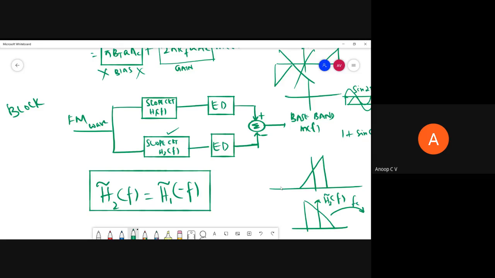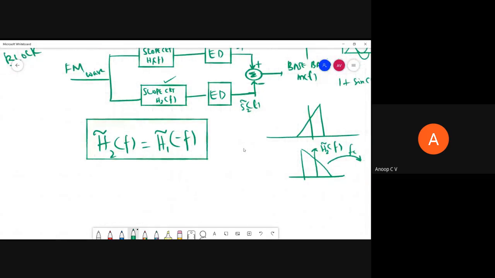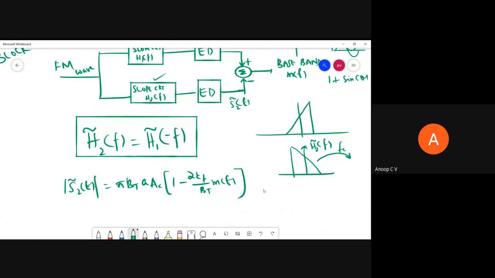If this is S1 tilde of t, and this is S2 tilde of t, then mod of S2 tilde of t, by following the same method, you can find, will be equal to pi Vt AAC times 1 minus 2 kf by Bt times m of t. So what happens if you are subtracting? The other one was 1 plus, and here it is 1 minus.